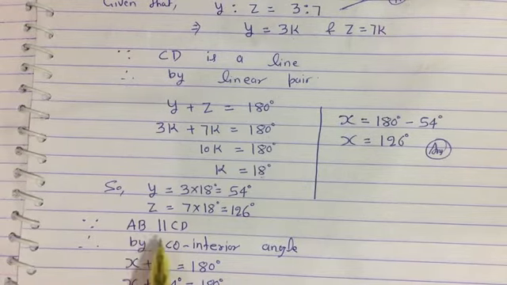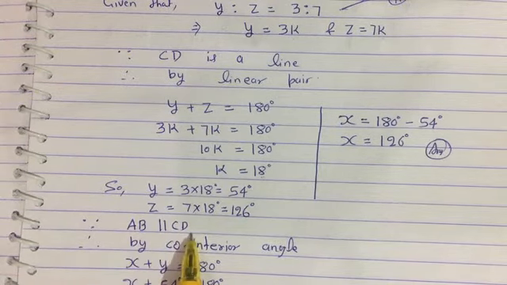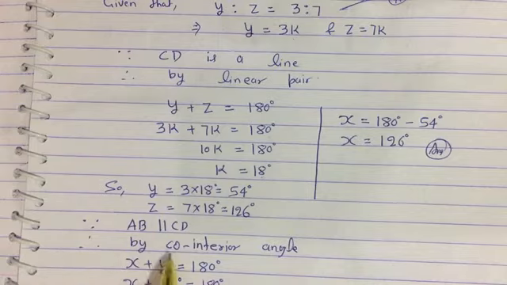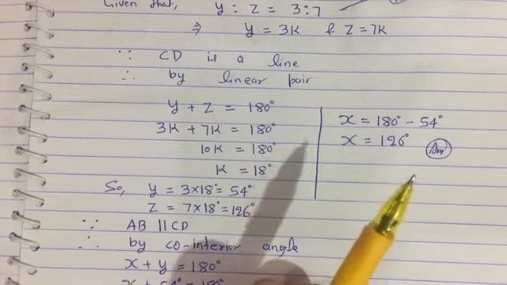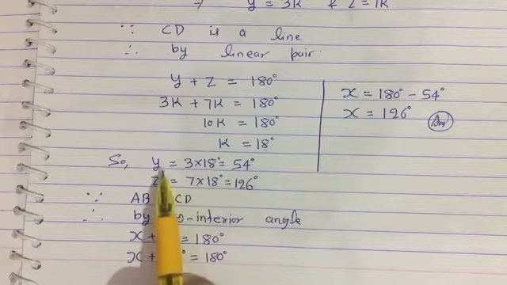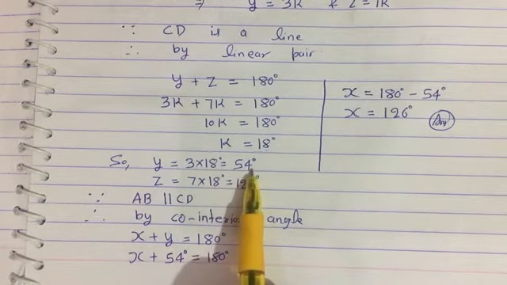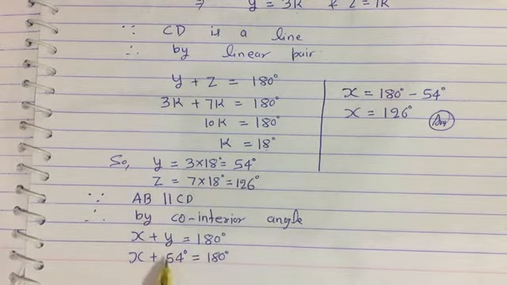Since AB is parallel to CD, therefore by co-interior angles, angle X plus Y is equal to 180 degree. And what is the value of Y? The value of Y is 54 degree. Put it here in the place of Y. X plus 54 is equal to 180 degree.